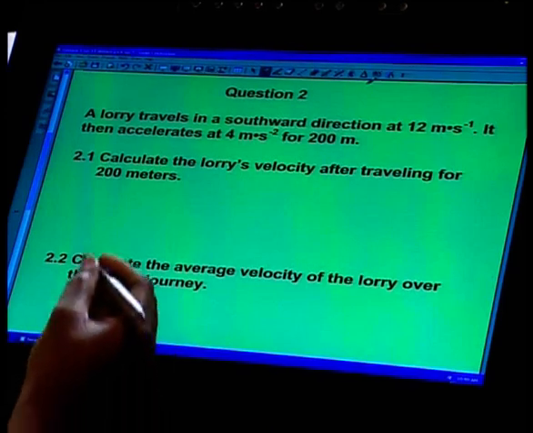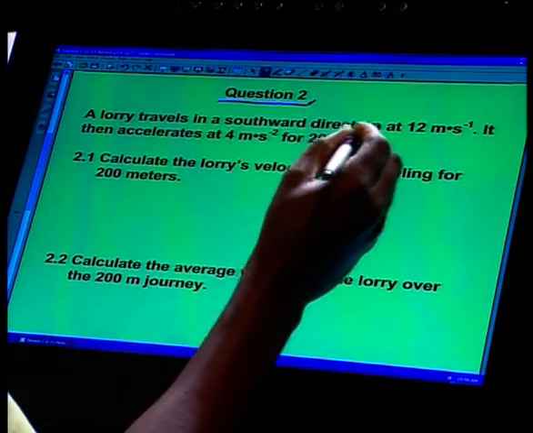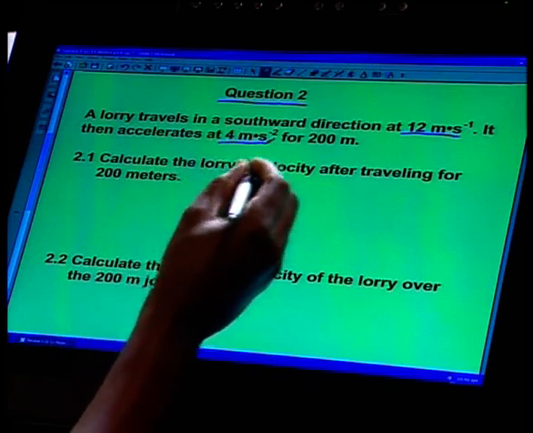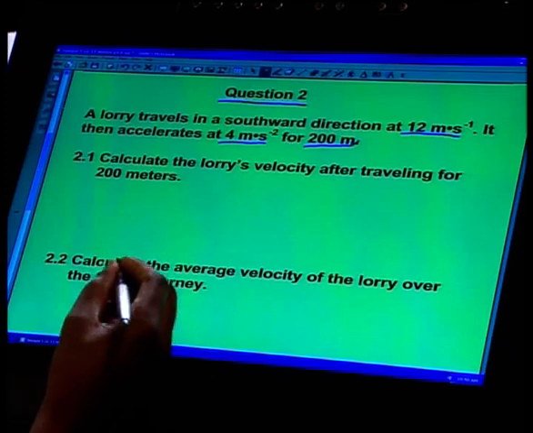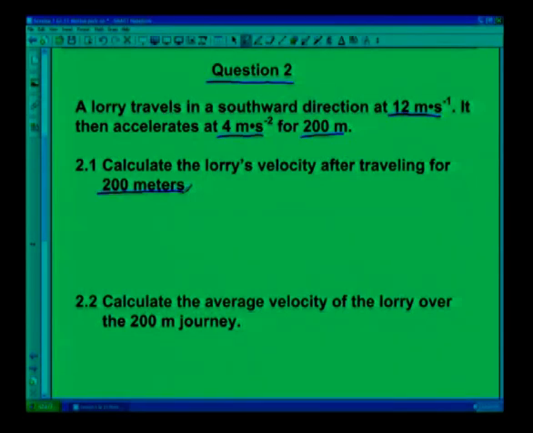Let's look at question 2. It's an interesting one as well. A lorry travels in a southward direction at 12 meters per second. It then accelerates at 4 meters per square second for 200 meters. Calculate the lorry's velocity after traveling for 200 meters. Let's write down what is given to us. We've got V initial, and that is 12 meters per second.